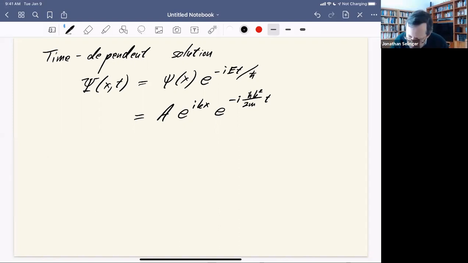Okay, so here's our answer, right? Or we could write it as A e to the ik x minus h bar k t over 2m, just like that.